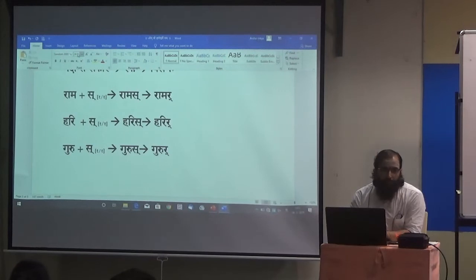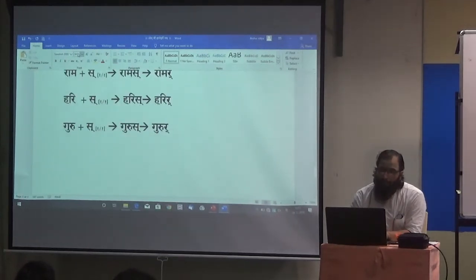This you have to remember. Ramar, Harir, Gurur. Now this Repa is going to undergo change. The change is what we are going to see. It's only to the Repa. The Repa will change. From then the Sandhi further, whether you call it Sarga Sandhi or Vyanjana Sandhi, starts.